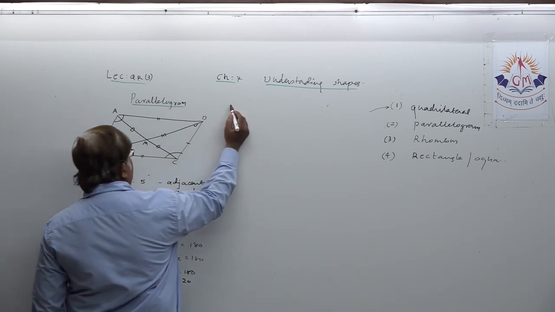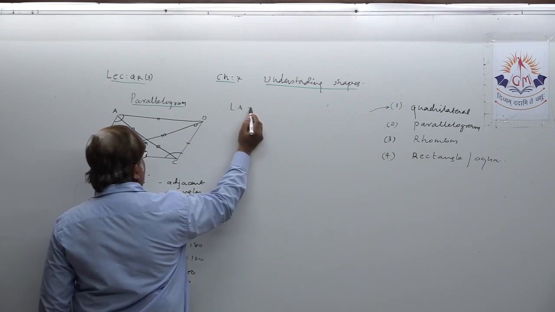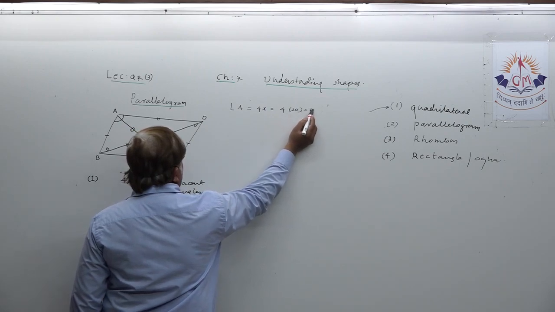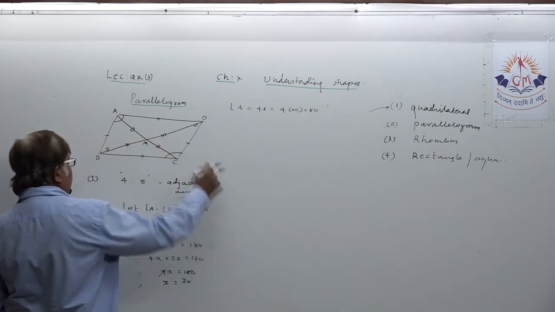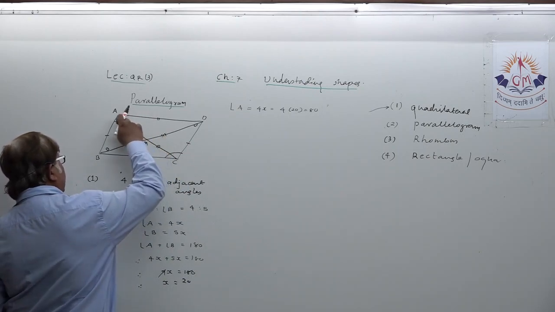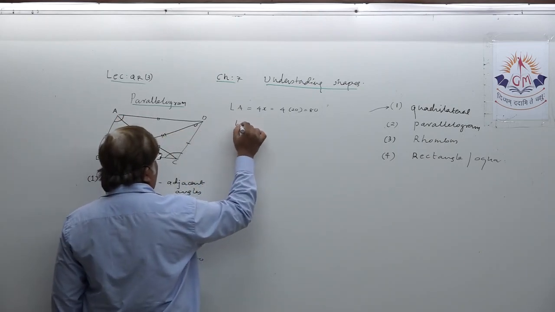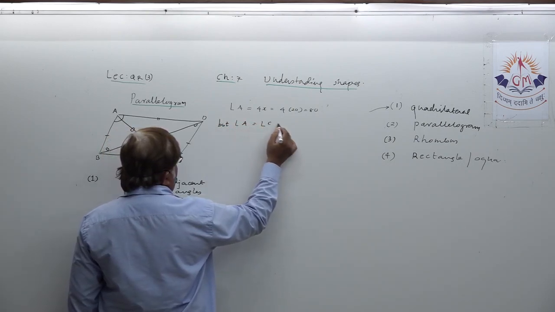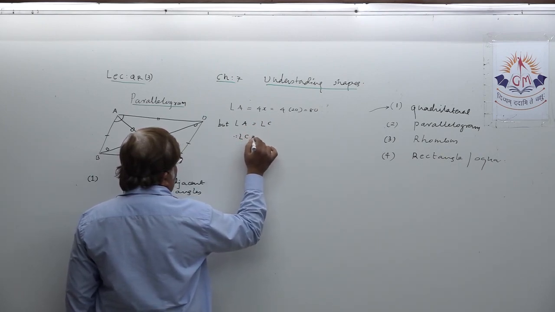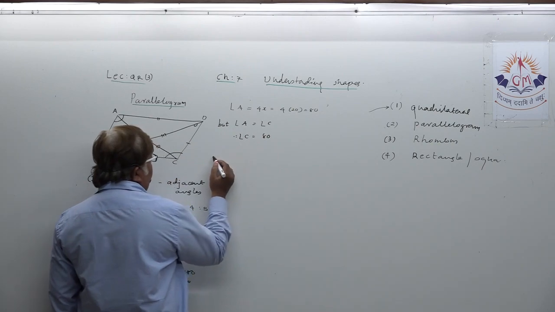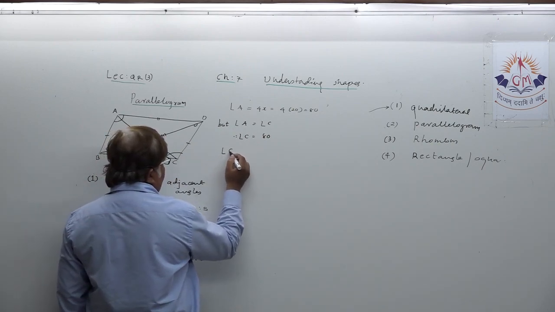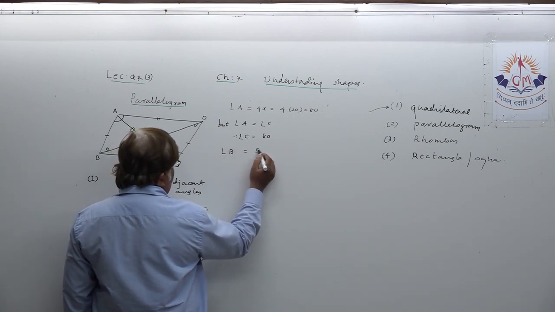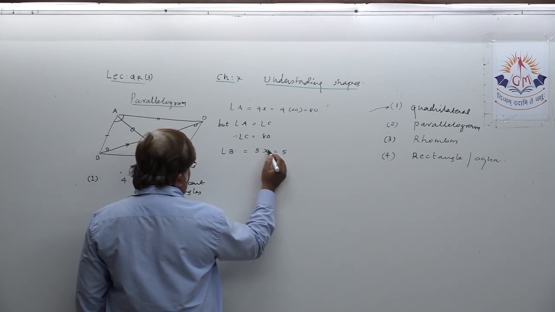So I am continuing here, dear student. A equal to what we have supposed? 4x. So 4 into 20, that is 80. But because opposite angles are equal, whatever A is, that will be C. You can mention this way, angle A equal to angle C. Therefore, angle C also equal to 80. Similarly, angle B has been taken as 5x.